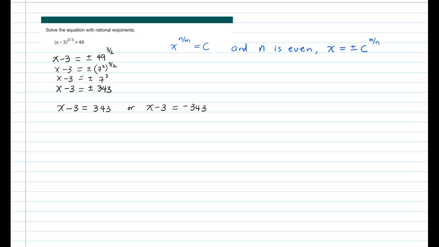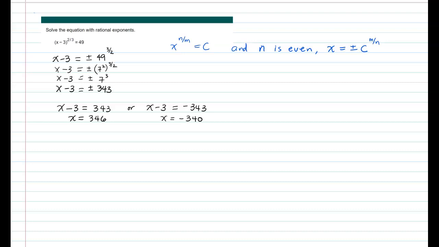Then you solve for each equation. So x is equal to 346, and x is equal to negative 340. Those are the 2 values of x.